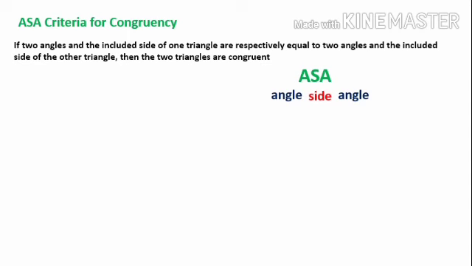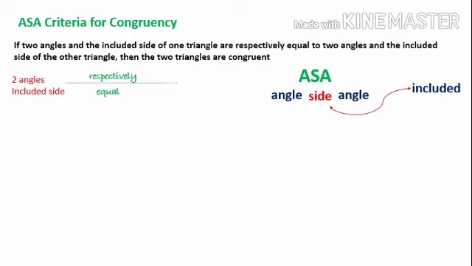And the side is in between the angles, that's why this is called the included side. Then, if you summarize, two angles and the included side of one triangle are respectively equal to two angles and the included side of another triangle, then we can say that the two triangles are congruent.